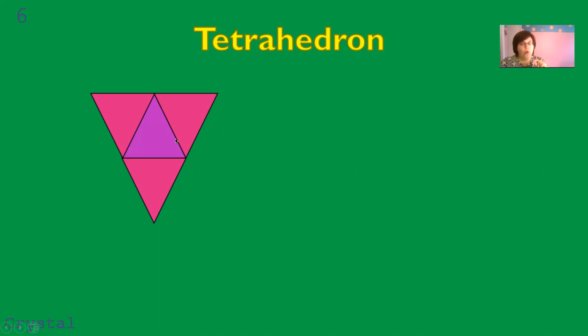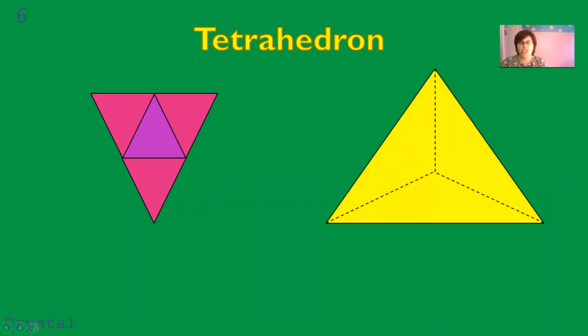We're going to fold on each of these lines or edges. So these black lines are going to become the edges of our tetrahedron. And when we do that, we're going to get a shape that ends up like this.